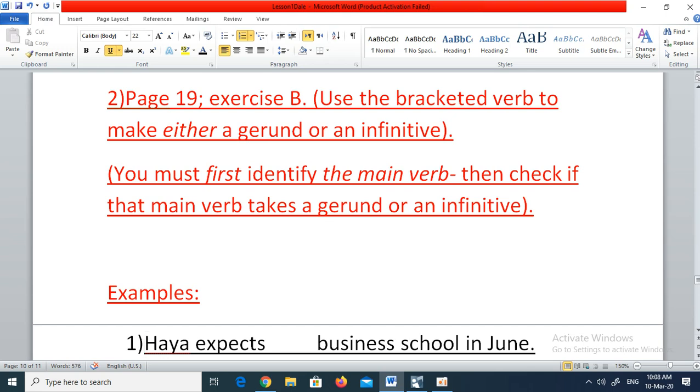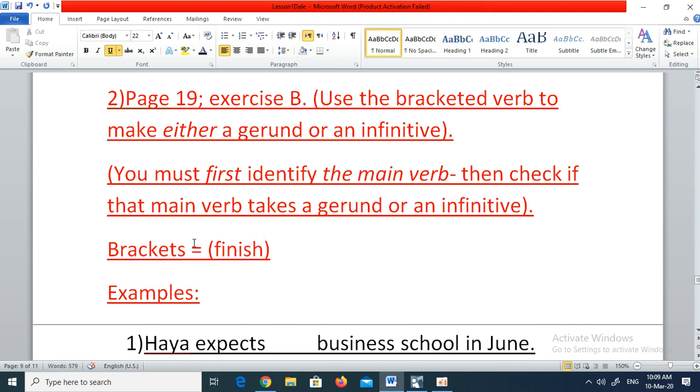If you don't know what brackets are, brackets are those things. So each time there's going to be a space and there's going to be a verb in brackets. Example of number 1, the verb in brackets is finish.